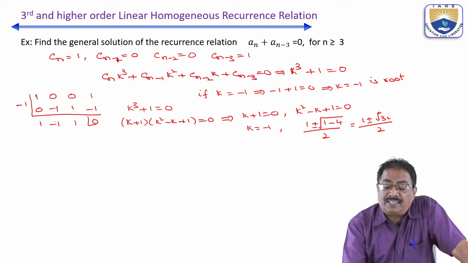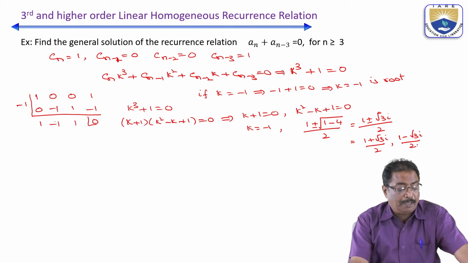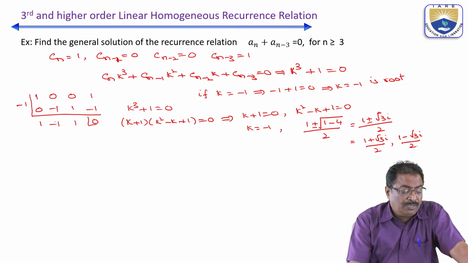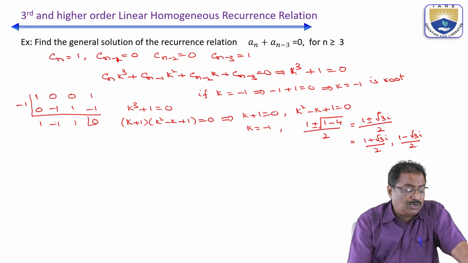So this is the complex root. So what I get is 1 plus root 3i by 2, and the other one is 1 minus root 3i by 2.